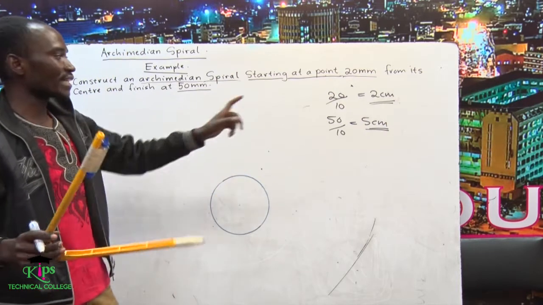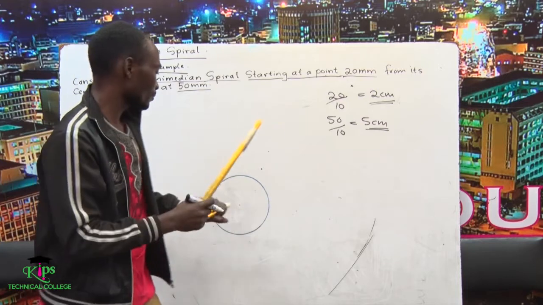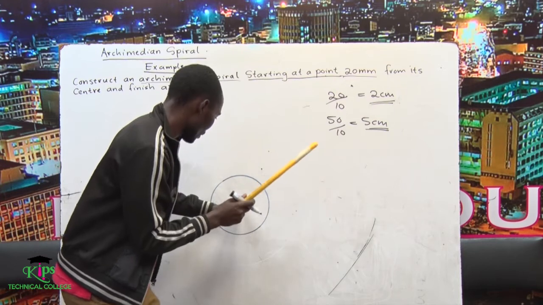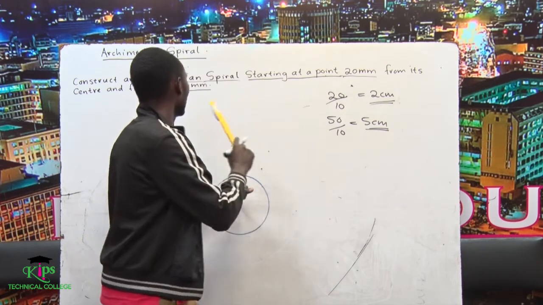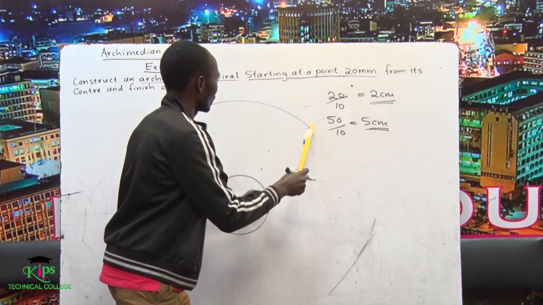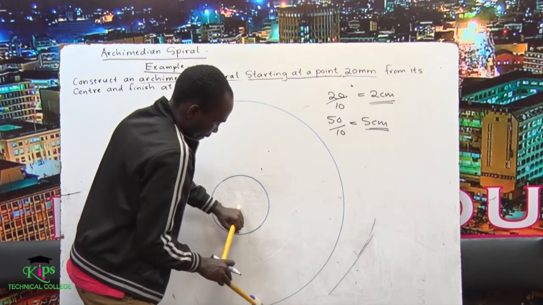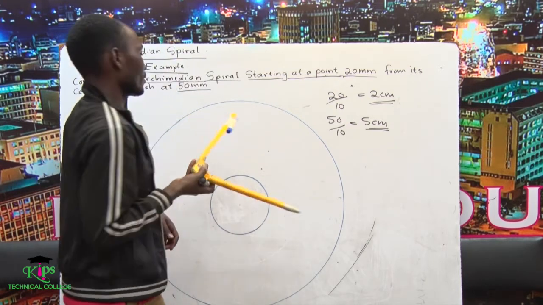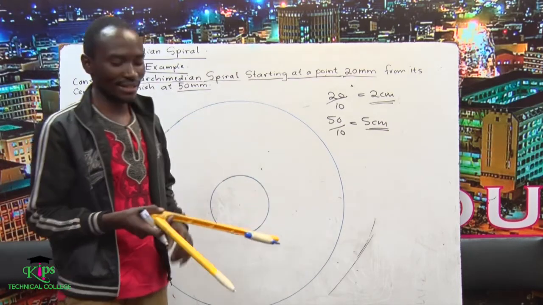So you'll measure 5 centimeters to draw the other circle where your spiral will come to an end. So that is my circle of radius 50 millimeters.